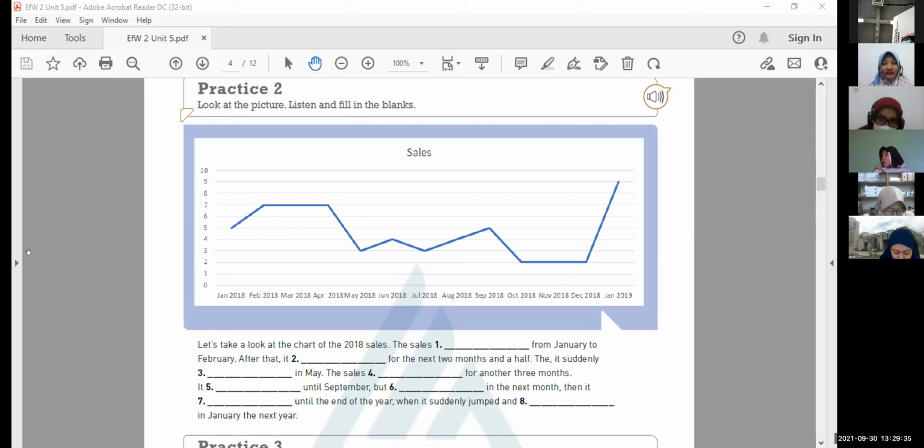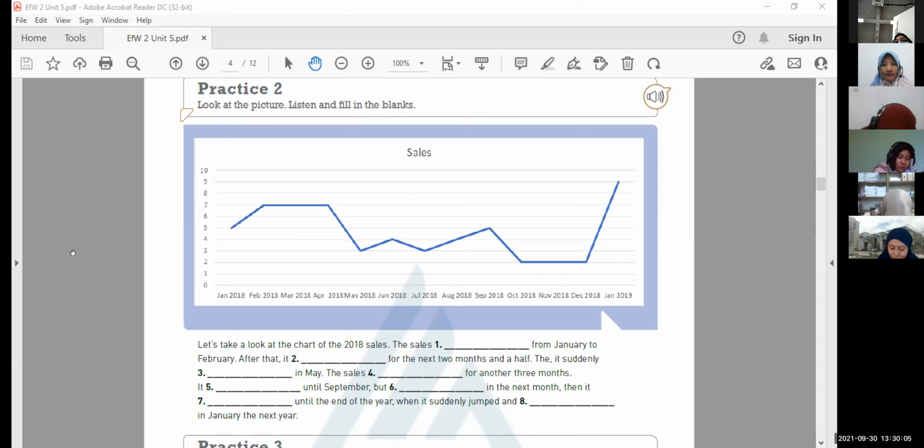Conversation for Employees, Book 2. Unit 5, Sales of Products. Word Vault, Describing Charts and Graphs. Practice 2. Look at the picture. Listen and fill in the blanks. Let's take a look at the chart of the 2018 sales. The sales increased from January to February.